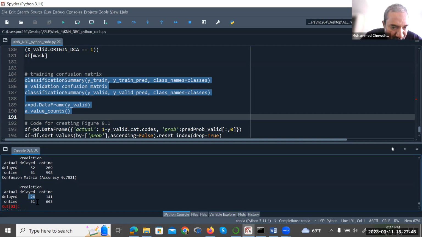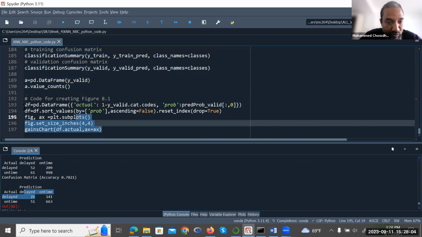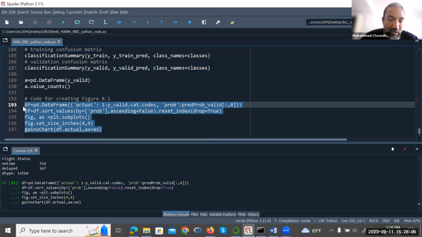On the other hand, this is also a misclassification. It says delayed, but it was on time. And this is a correct classification: on time, delayed, delayed. So this is the result for both validation data as well as training data, and this is what we are getting.